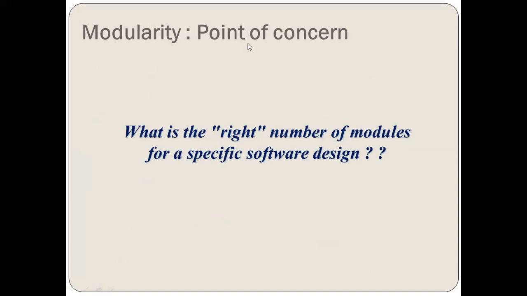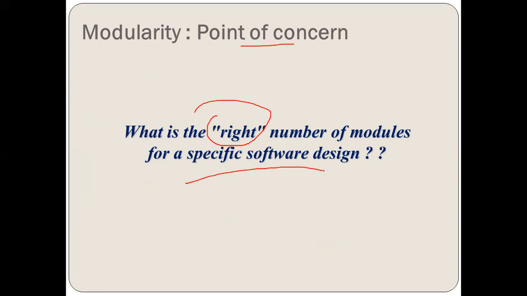Now, modularity as a point of concern. Why have I written that modularity can be a point of concern? When we divide a problem into a number of small problems, small modules, what should be the right number of modules for a specific software design?